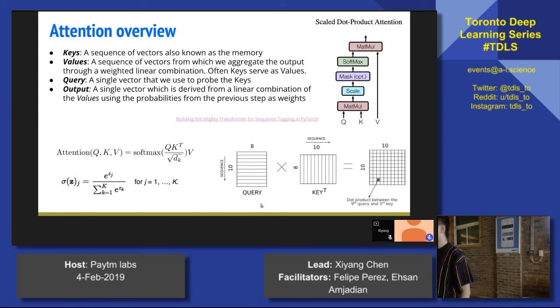Is the position encoding proposed in the original paper? Sorry? The position encoding, is it proposed in the original paper? Yes, position encoding, yes, but they did not invent that, but they modified the formula. But I don't think it's relevant to this.